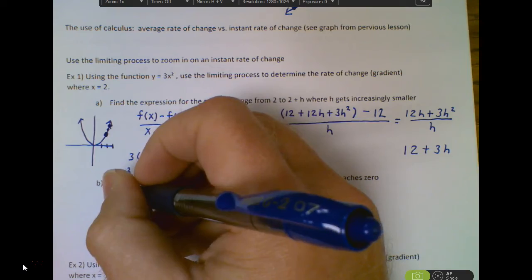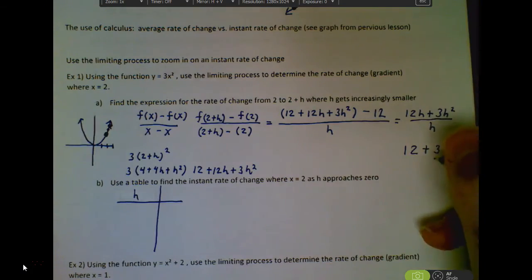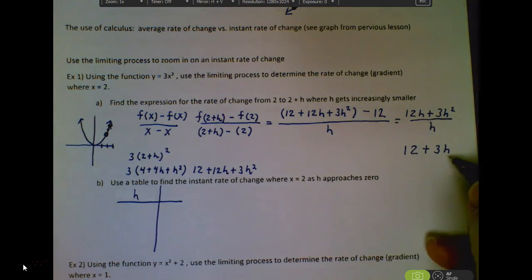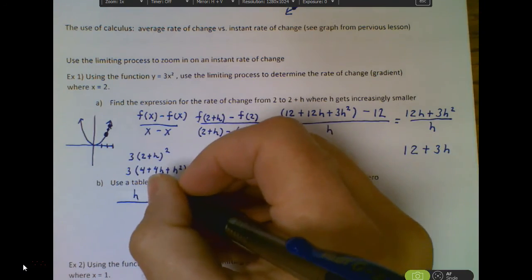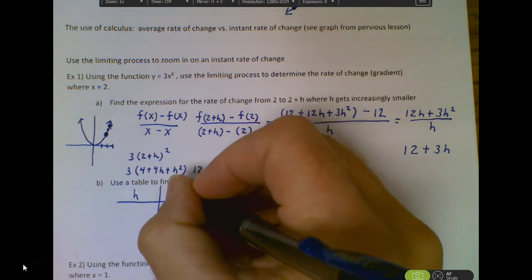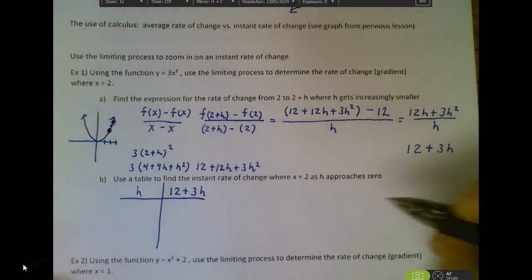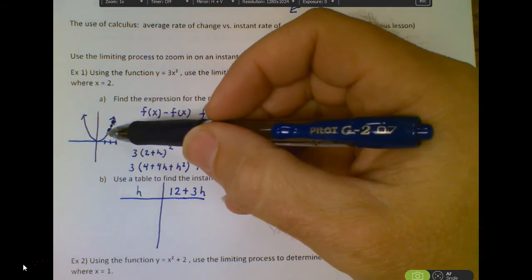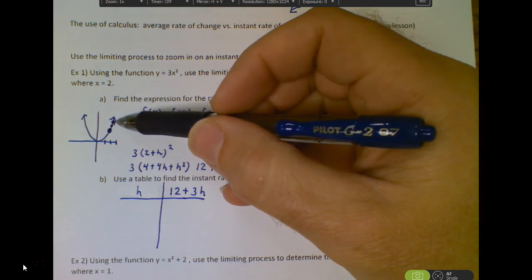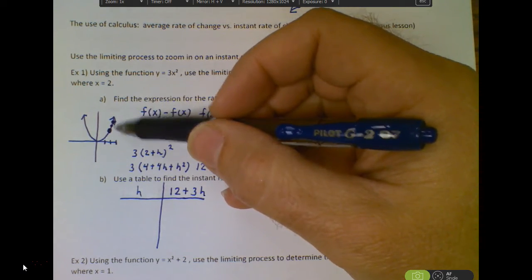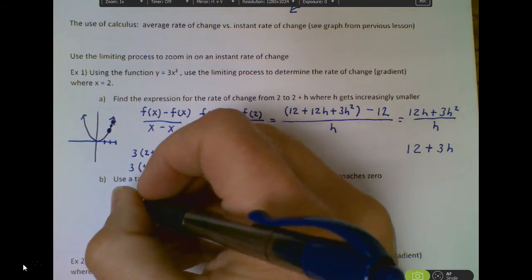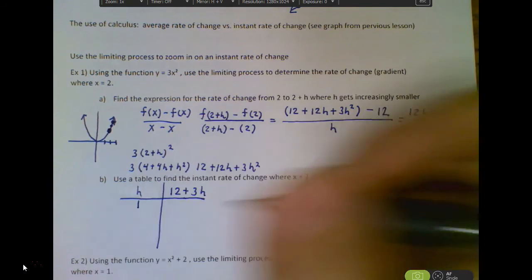We got our h's on the left. That's what we'll be plugging in to this expression. So we have the results on the right. And so let's just say we wanted the slope from 2 to 3, right? What would that make h? Right? So h would be 1 in that case.